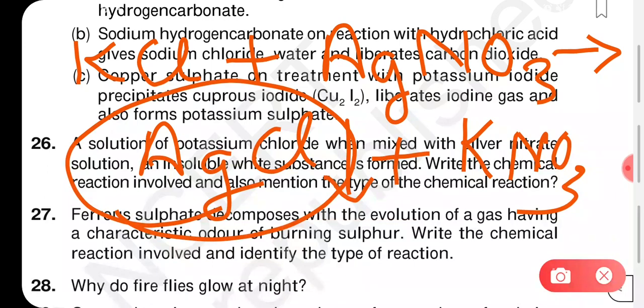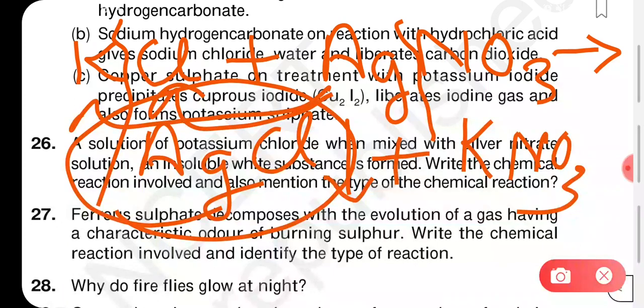So what type of reaction is it? If you see, KCl is breaking from here and AgNO3 breaks from here. Ag is going with Cl, so it forms AgCl. The silver chloride is formed when these two combine, whereas potassium is going along with the nitrate ion, so it forms KNO3.